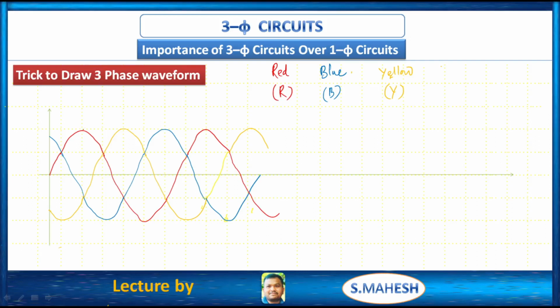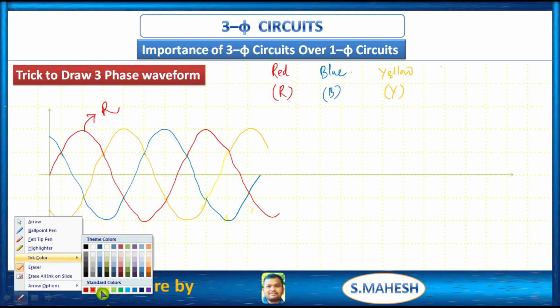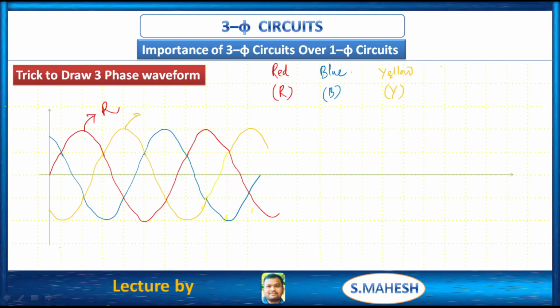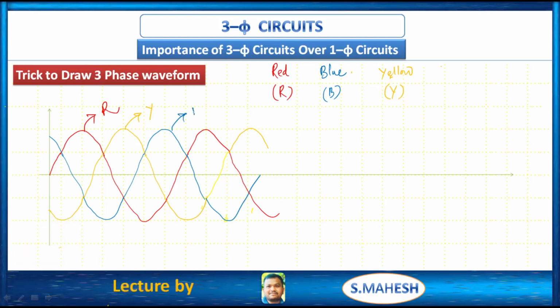This is R, yellow color is what? This is Y phase. Coming to this is B phase, right?